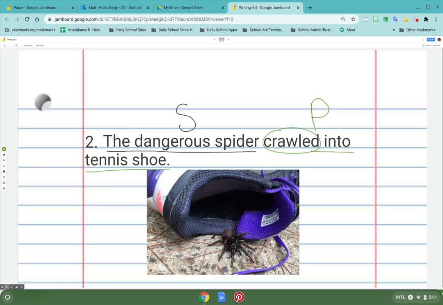All right. Now what I do is, remember, I look for my nouns to see if I can put some color, size, shape, number words in. Spider is a creature. It's an animal. Shoe is a thing. All right. And I asked myself, did I describe the spider?